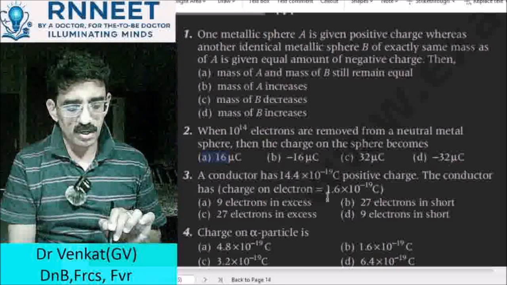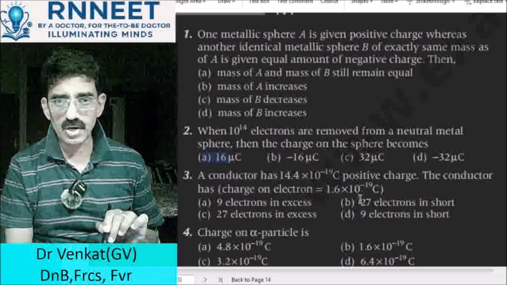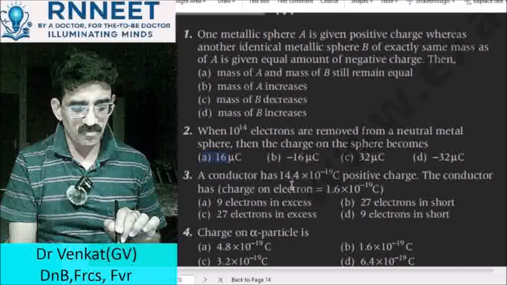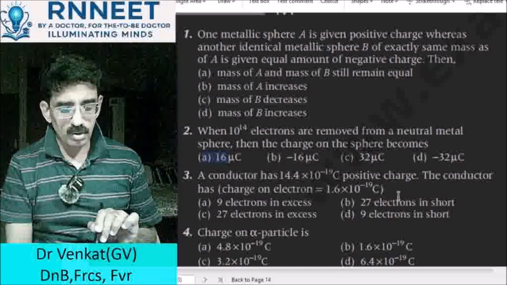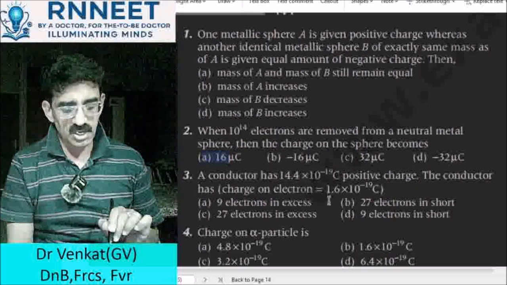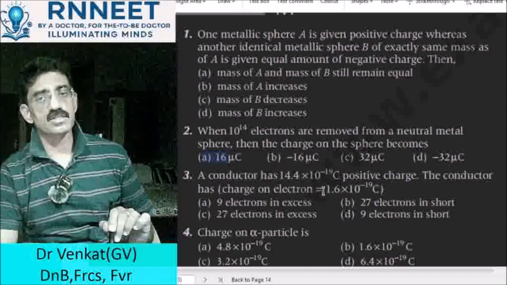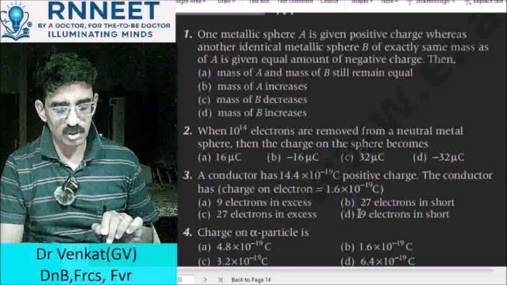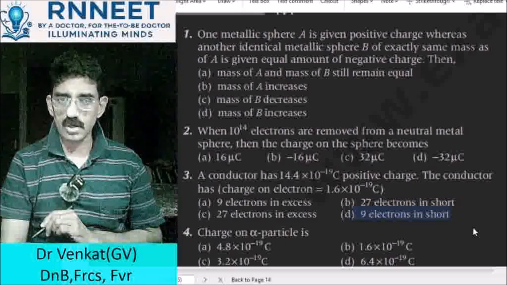You need to multiply one charge of an electron, which is 1.6 into 10 to the power minus 19, into the number of electrons, which should give you 14.4 into 10 to the power minus 19. So what multiplied by 1.6 gives you 14.4? Simple, 16 nines are 144. Remember the 16 table, 16 nines are 144, and so 9 electrons in short is your answer. Got it? So 9 electrons in short is your answer.